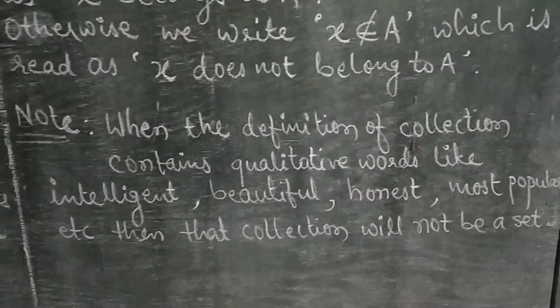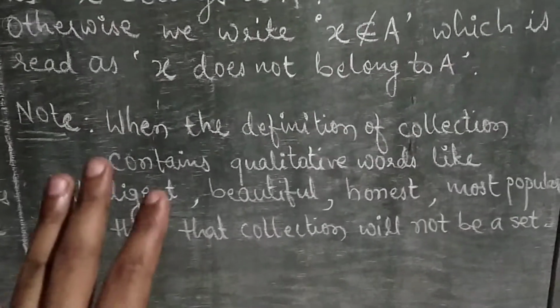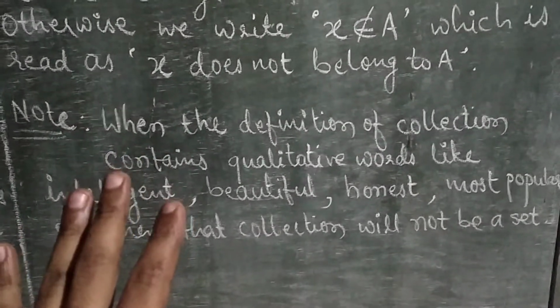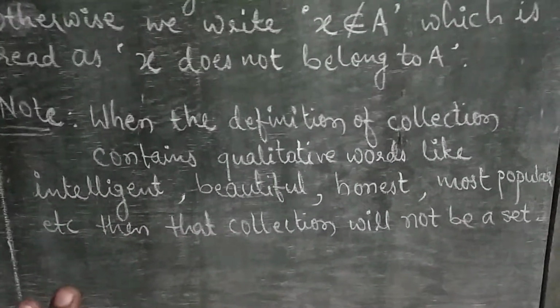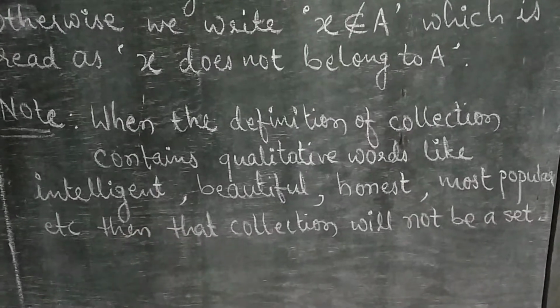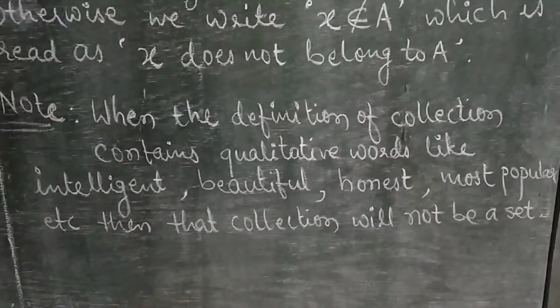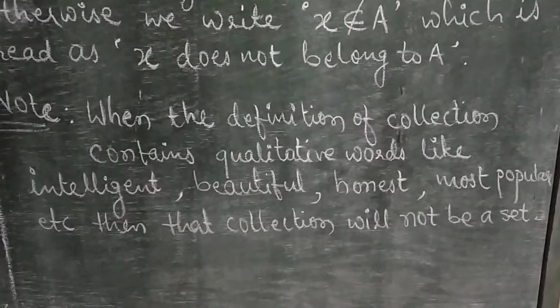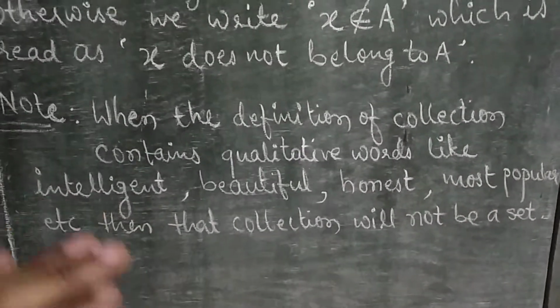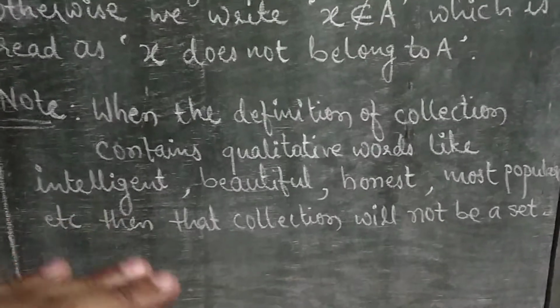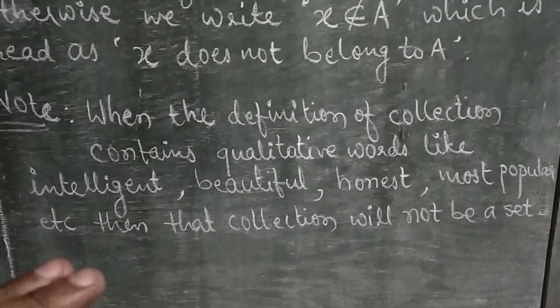So when such words are contained in the definition of a collection, it will be an ordinary collection, not a set. But when the definition is proper, when it is possible to decide whether an element lies in the collection or not, then it will be a set.